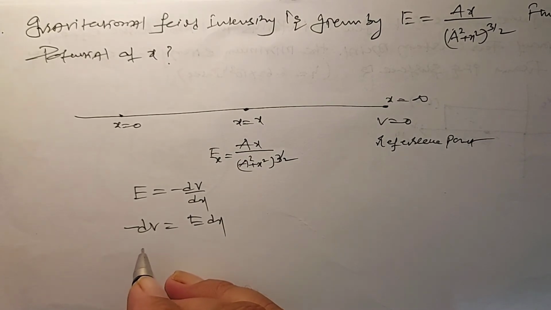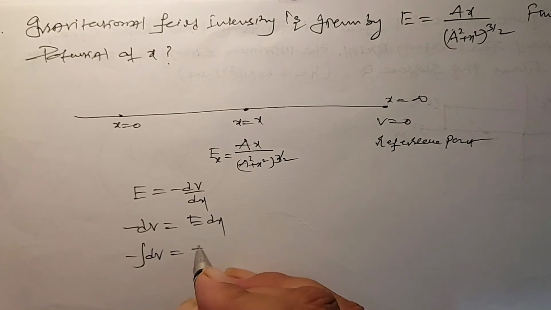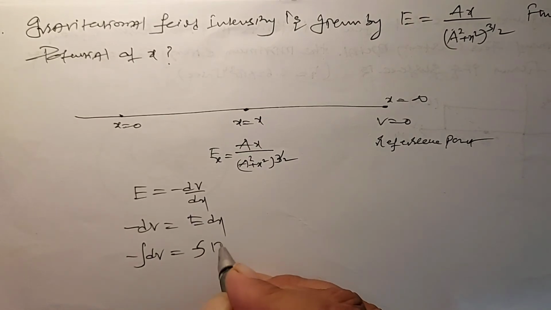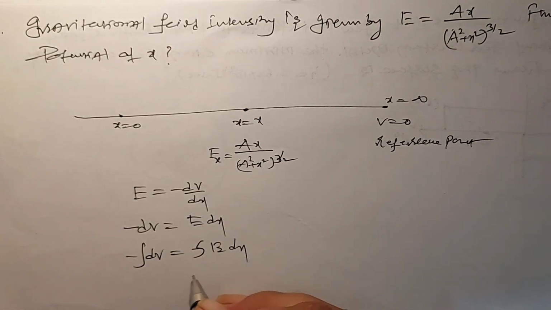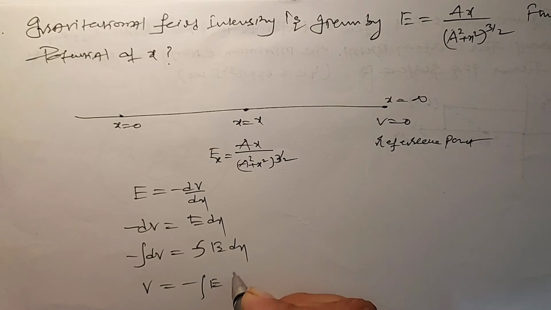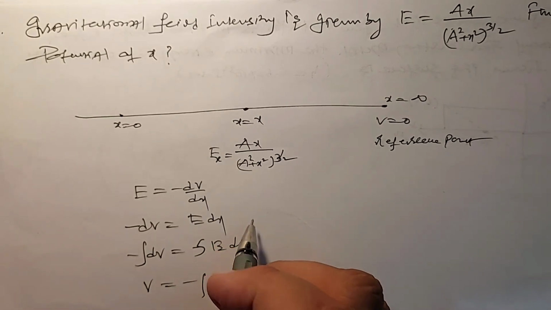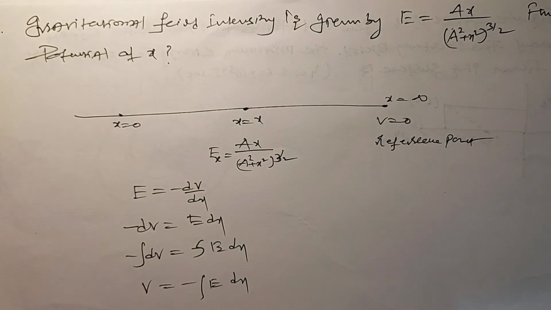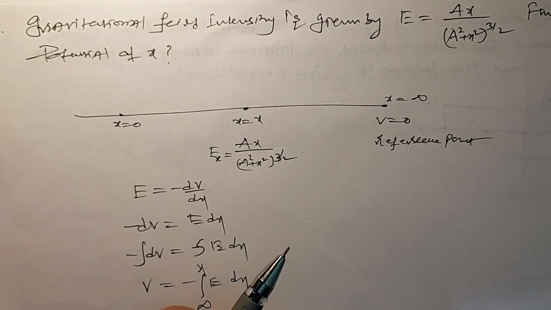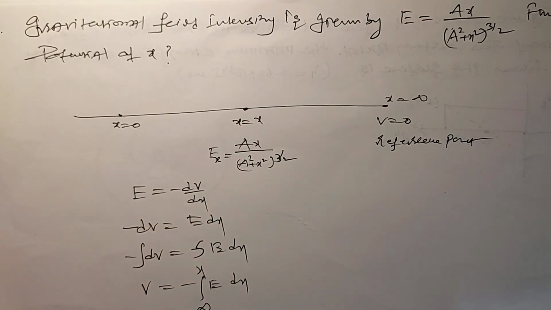Now we integrate the above equation. Integration of dV is equal to integration of E into dx. So V is equal to minus integration of E into dx. Here we take limits from infinity to x.